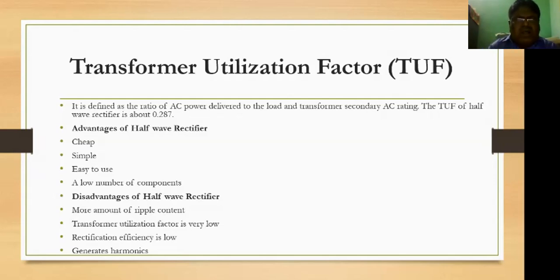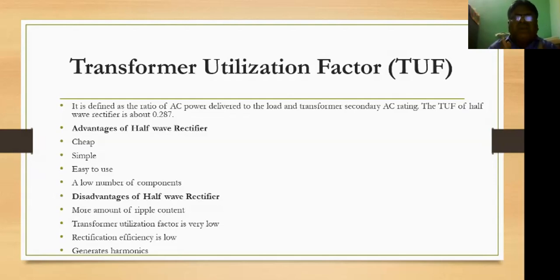Next, advantages of the half-wave rectifier. Before we come to the advantages, let us go over the analysis of the half-wave rectifier. First, peak inverse voltage, and average current. Next, efficiency, regulation, utilization factor, ripple factor.